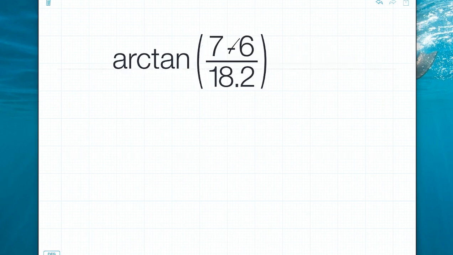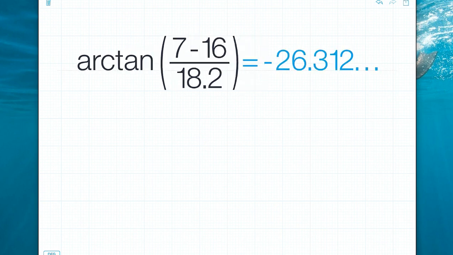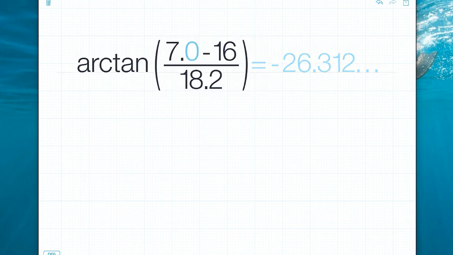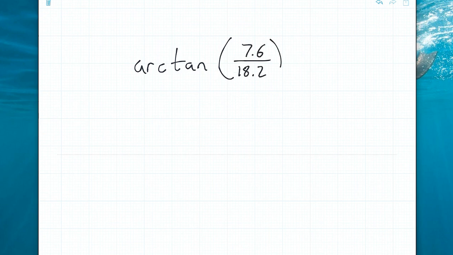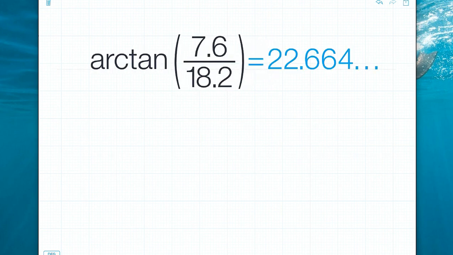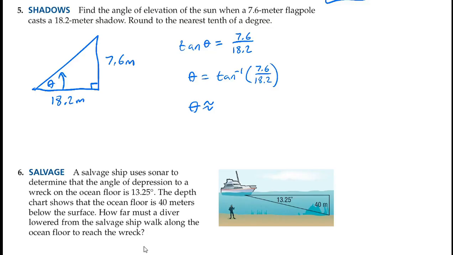Dang, I was hoping this would be so smooth. Let's try it one more time. Arctan 7.6 over 18.2. There we go, 22.66, or to the nearest tenth, that's 22.7 degrees.